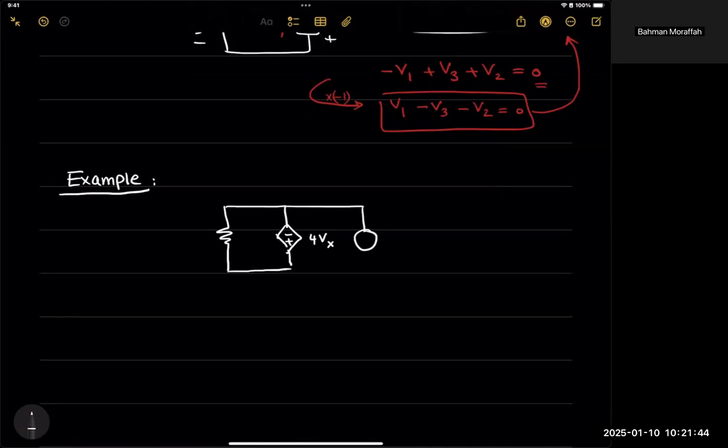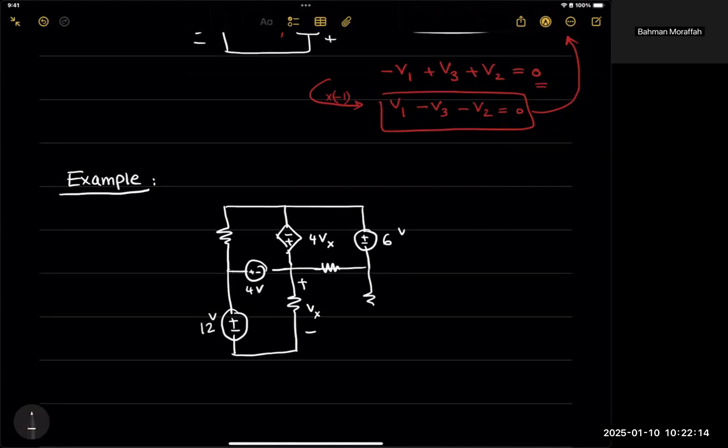I have an independent source with value 6 volts, and let's say I have another independent source here, another one over here. And let's say the voltage across this element here is Vx.